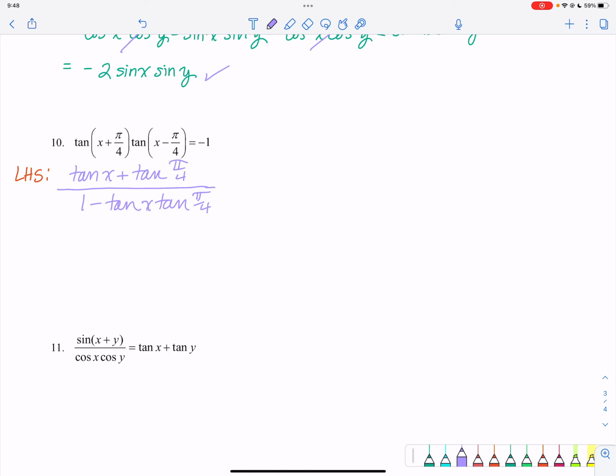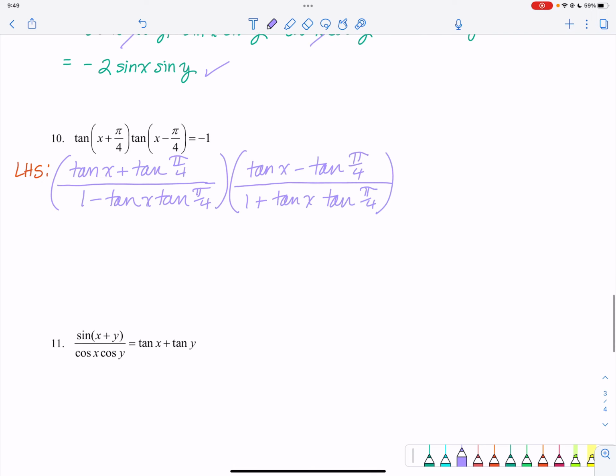Now here's that product. So we actually have this multiplied by, and now we have the tangent of a difference, which is the tangent of x minus the tangent of pi over 4, all divided by, so it's almost like these signs have been switched. 1 plus the tangent of x, the tangent of pi over 4.